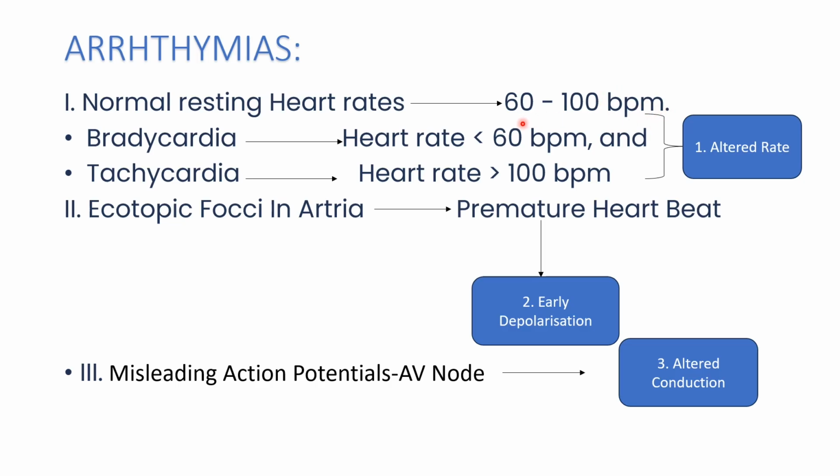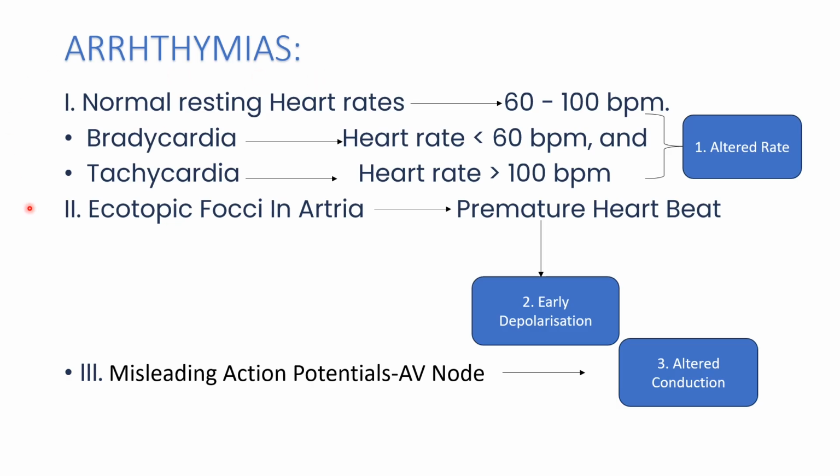In bradycardia, the heart rate is lowered, falling to less than 60 beats per minute, and in tachycardia the heart rate is higher than 100 beats per minute. These altered rates are one of the causes of arrhythmias.